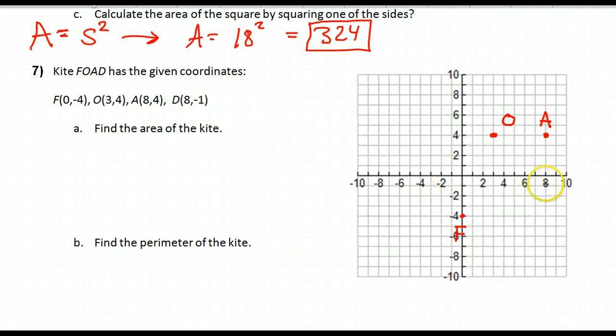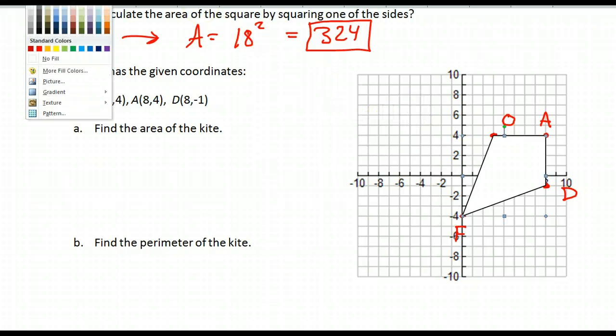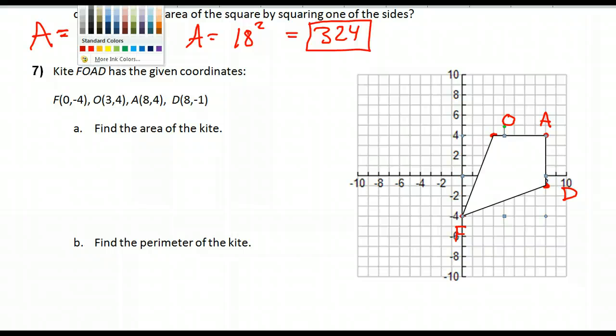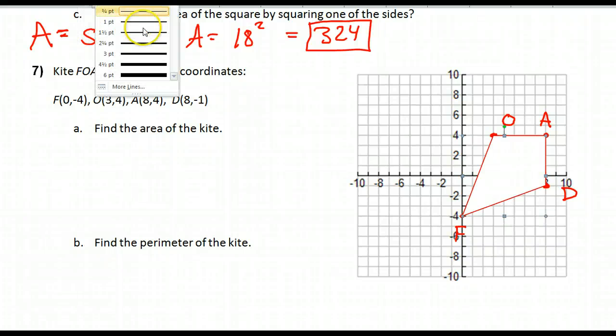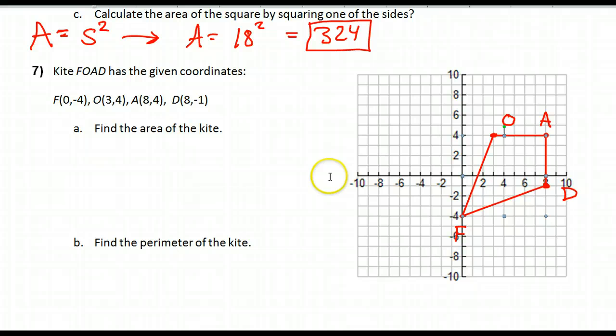And 8, -1 would be here. Okay, so this is my kite. Okay, so here is our kite.